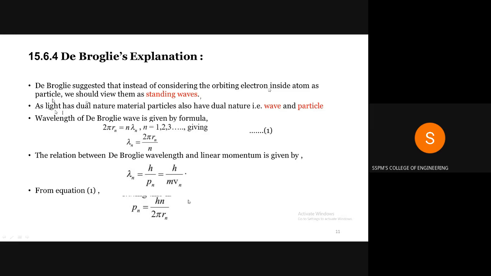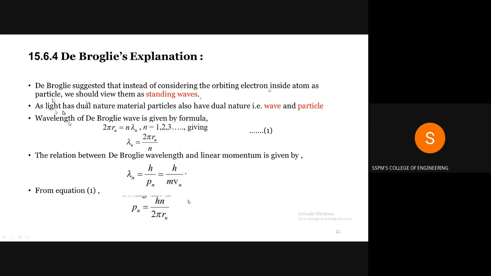On a similar basis, nature loves symmetry, and as radiation and matter are the only two entities observed in the universe, if radiation follows dual nature, then obviously matter should exhibit dual nature.